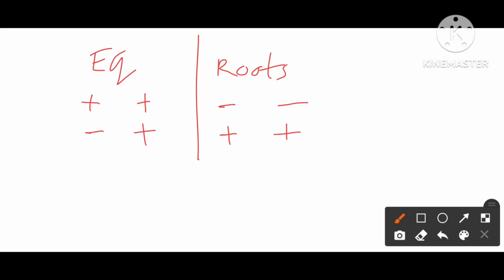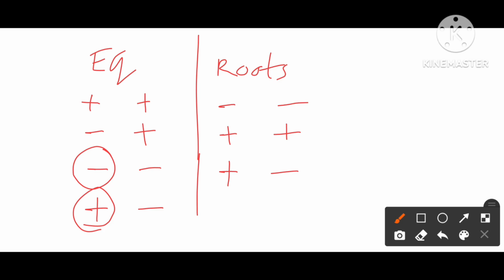If we see minus and minus, the initial one is minus, so the first root must be plus and the second one must be minus. If we see plus and minus, here we see plus, so the initial root must be minus and the second one must be plus. So this table we need to remember.